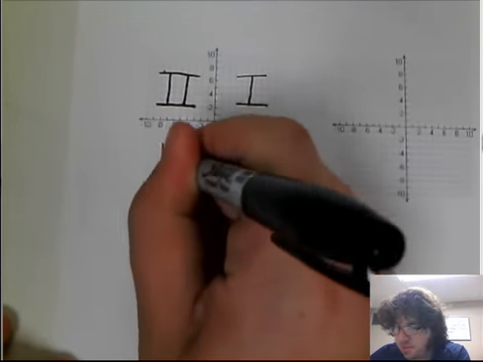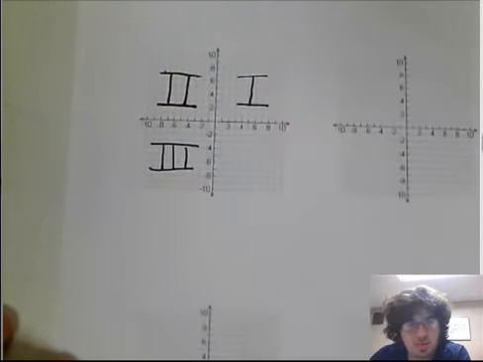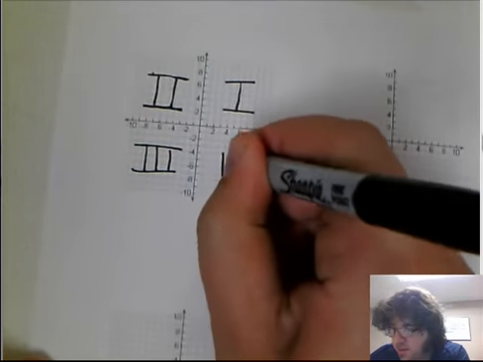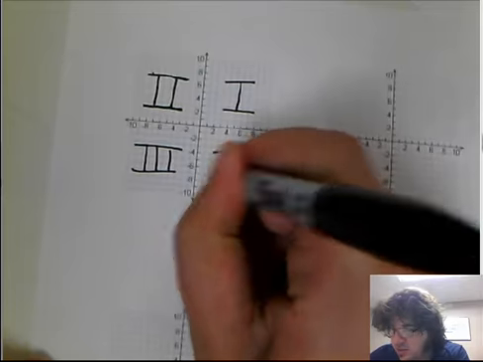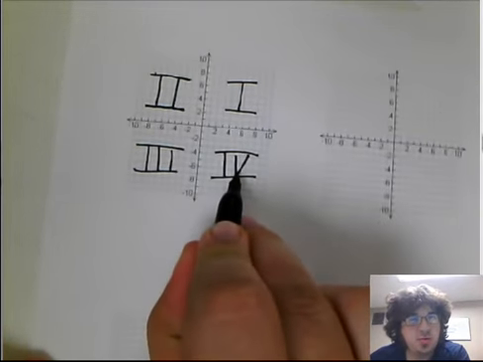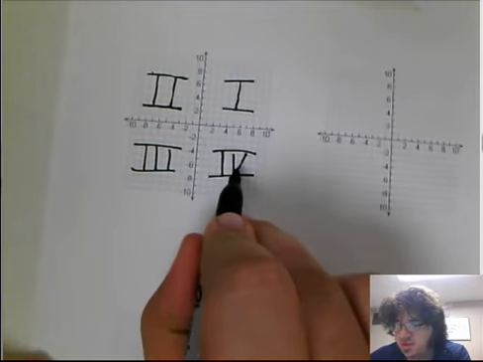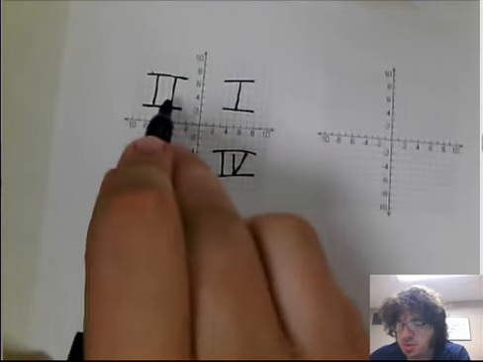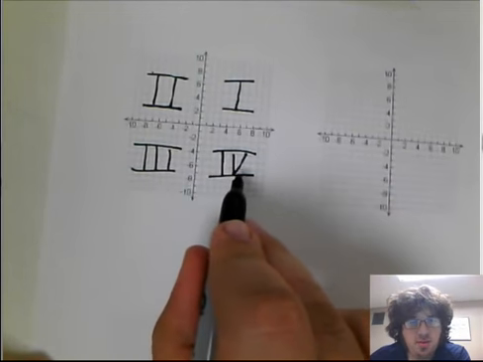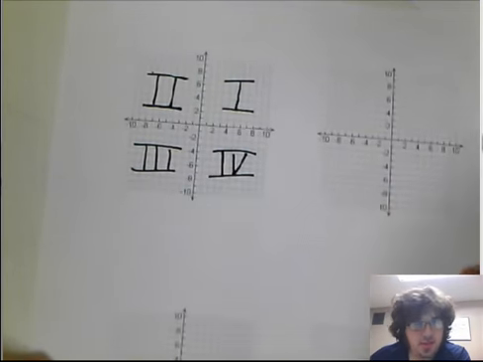And here's 3. And again, that's the Roman numeral symbol for 3. And 4 is actually 1 before 5. This is the Roman numeral symbol for 5. So we have quadrant 1, 2, 3, and 4, which is 1 before 5.